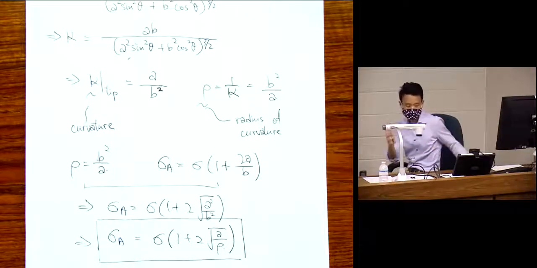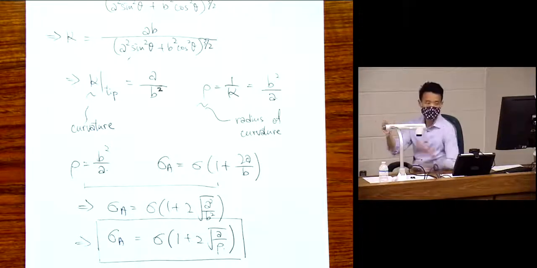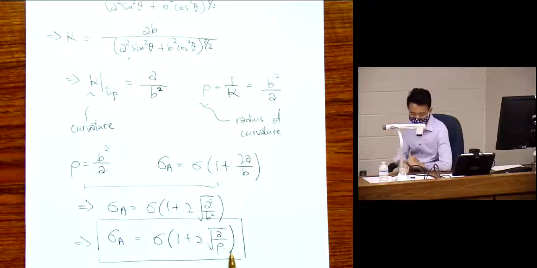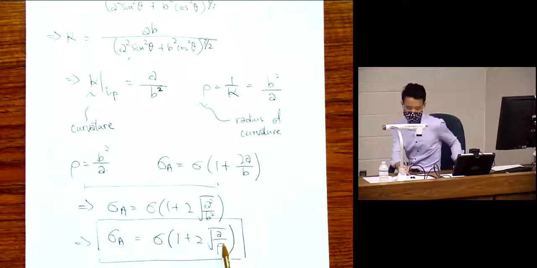So increasing the length is going to increase the stress, and quantitatively it goes with the square root of A, right? Now the other implication from this is the radius of curvature. Again, if we increase the sharpness, that means the radius of curvature goes smaller or larger.